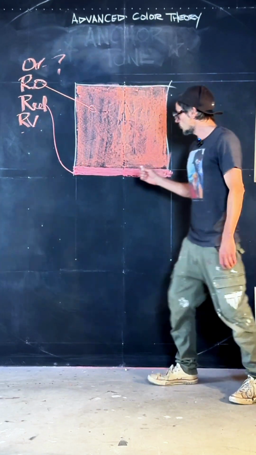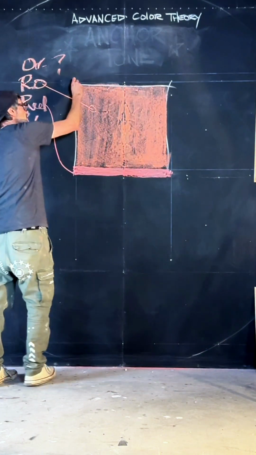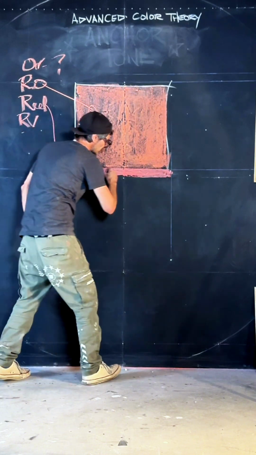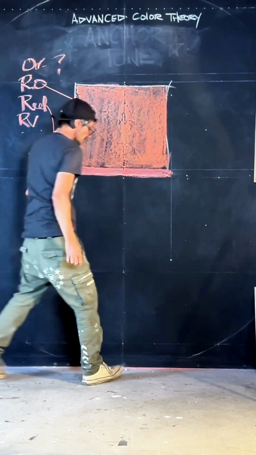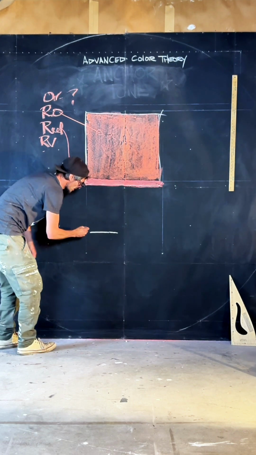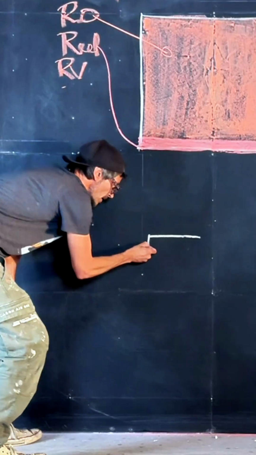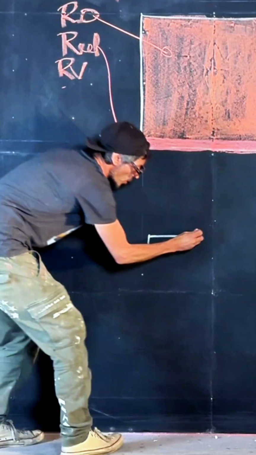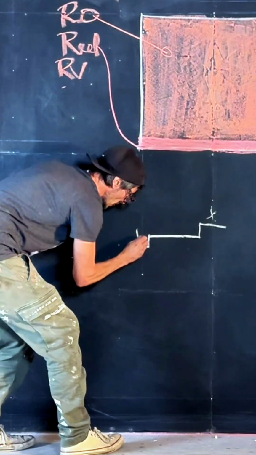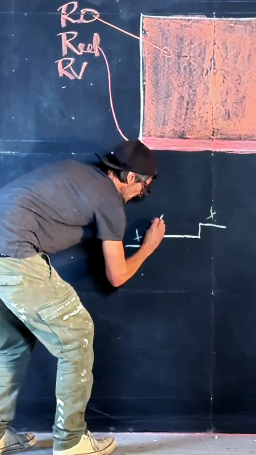It should be a half step. In music, they call it a half step. To us, if we use our staircase model, if this is our main color, this is the anchor tone, and this will be the tonic.